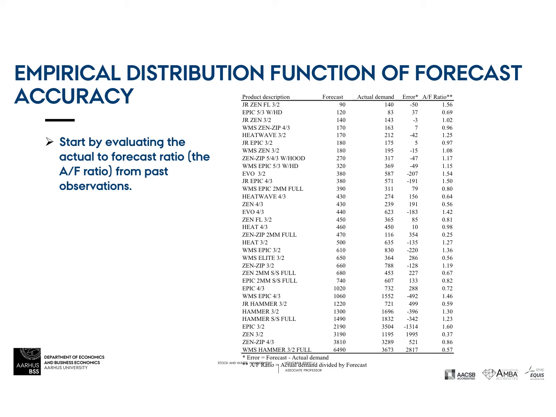In the fashion industry that's very common. You use similar products. All these products are similar or relevant to your Hammer 3.2, and then you should have the historical records for the forecasts and actual demand.